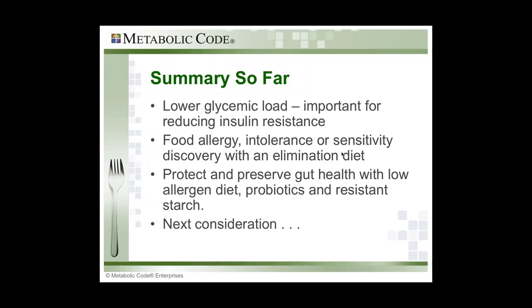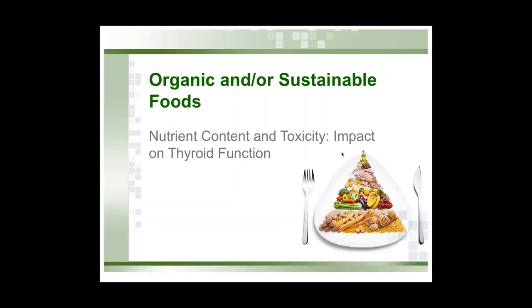If we have autoimmunity present, it's super important to take the food allergens out of the diet, do an elimination diet, and be aware that we need to preserve and protect gut health, not just by the low allergen component, but by taking probiotics and making sure we're getting sources of resistant starch. Oh, and I missed in my summary, don't do all raw foods when we're eating high vegetables and plant foods. Cook them, and watch the millet. Okay, so that's our summary so far.